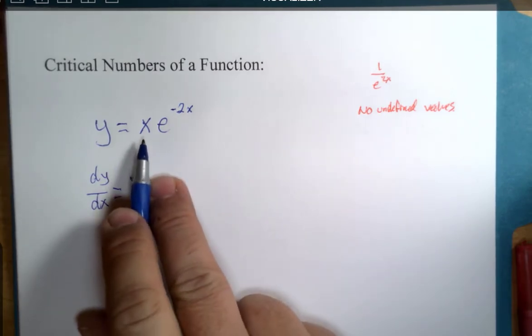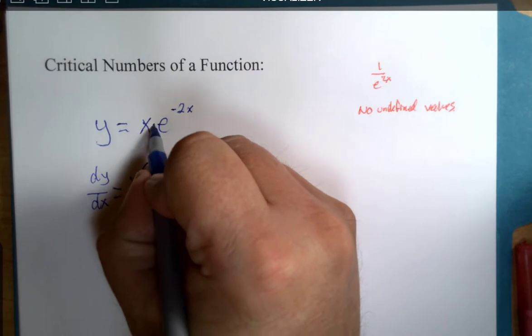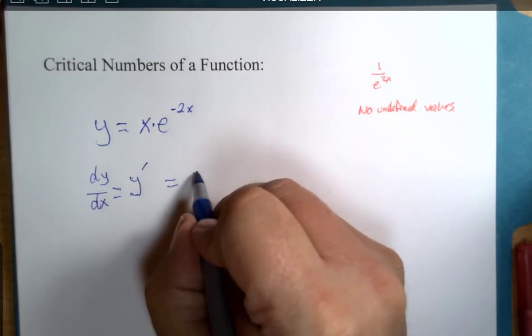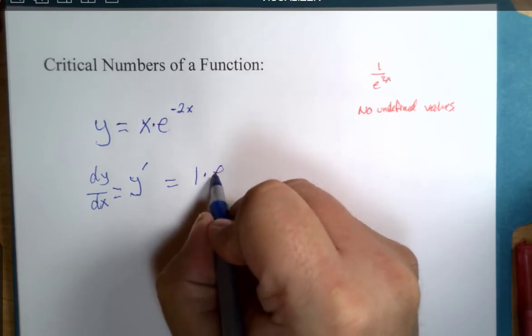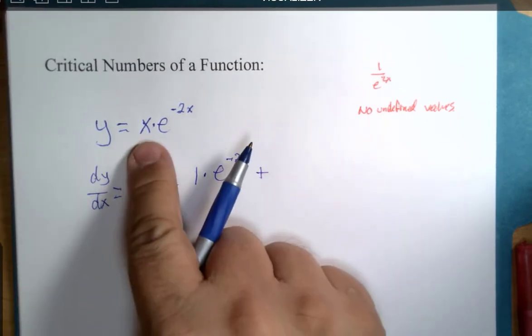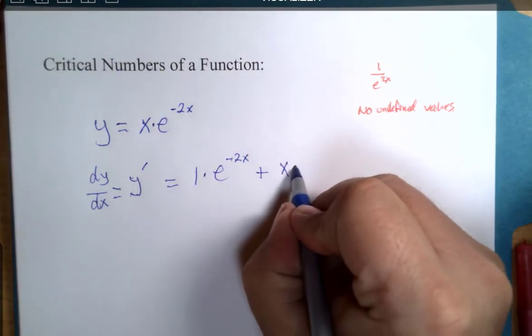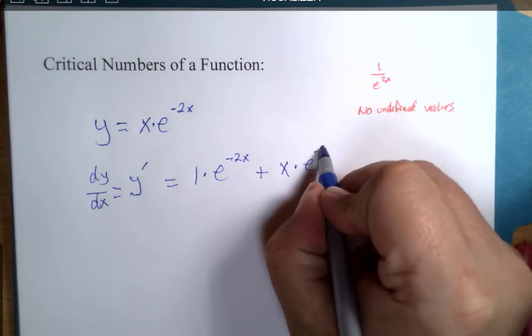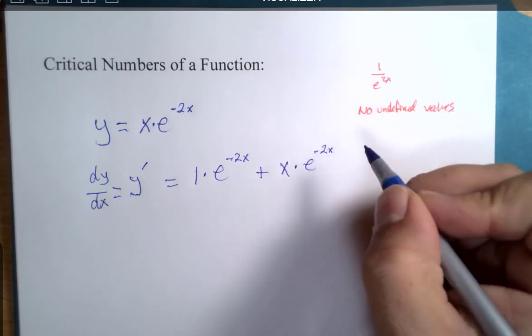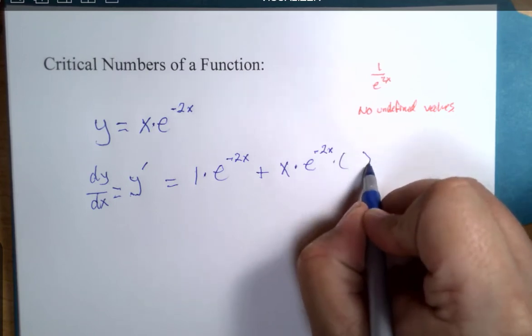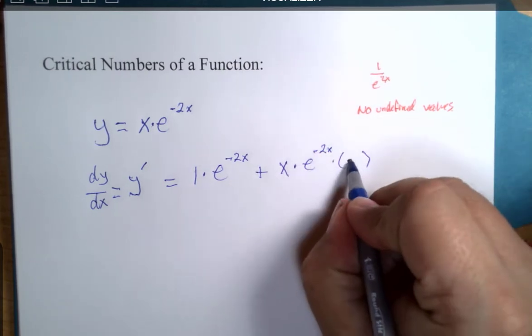We have ourselves a product rule, x multiplied by another function of x. So the derivative of x is 1. Leave e to the negative 2x alone, plus leave x alone, multiplied by the derivative of e to the negative 2x, and by what we sometimes call the chain rule, we then multiply by the derivative of negative 2x, which would be negative 2.